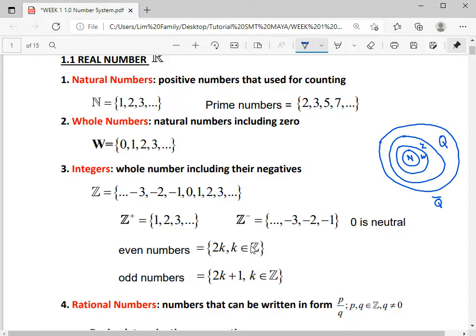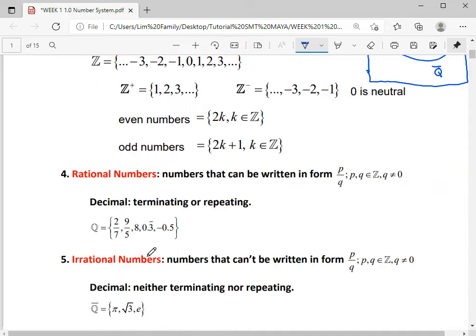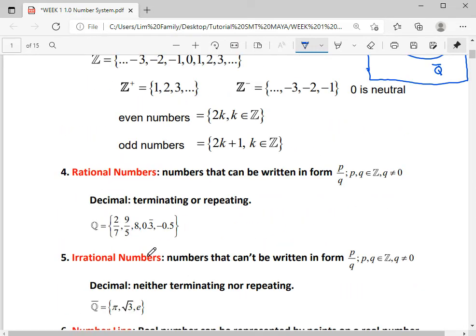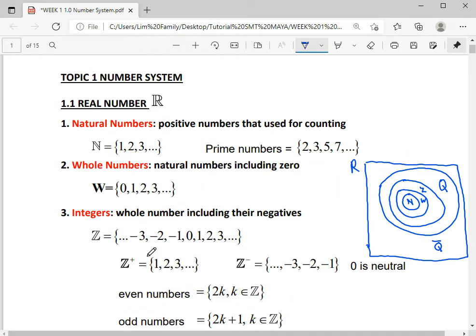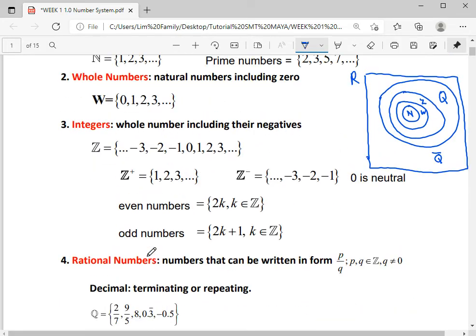So overall, everything here is under the category of real numbers, which are the numbers we use for calculating since we learned mathematics until now. All right. So of course inside the integers we have even numbers and odd numbers. Even numbers means nombor genap. Odd numbers means nombor ganjil.